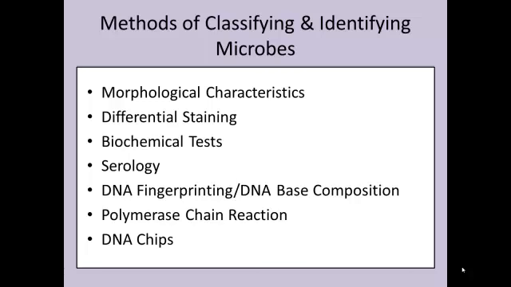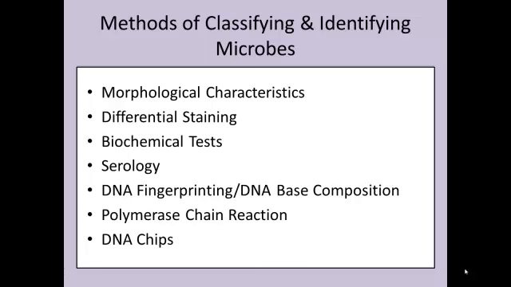So we have to use different methods of identifying and classifying microbes than we would in, say, identifying and classifying bird species, in which you can do feather color and beak shape and color of the feet and various things, or plant species where you can say, okay, this is a tree and it has these branches, etc. We have to go with different ways of identifying microbes simply because they're so small and there's not a whole lot that we can see.